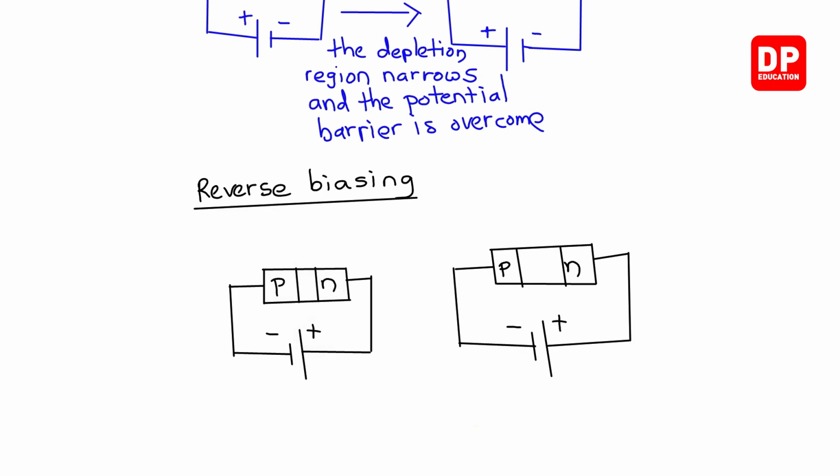So here what happens? Depletion layer. Here wider depletion layer.